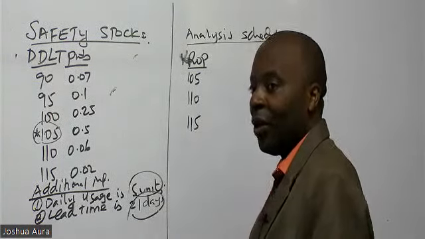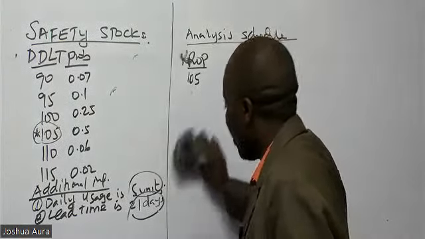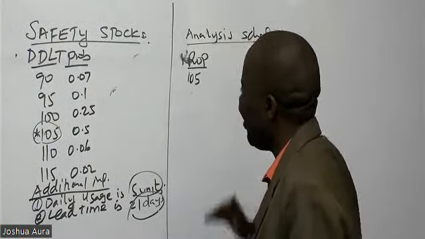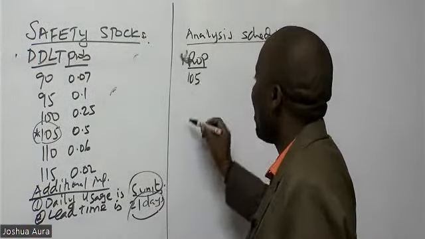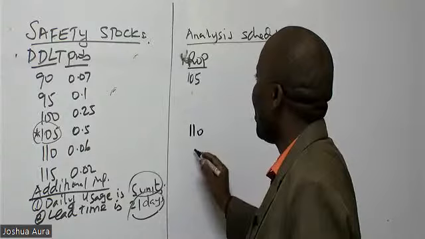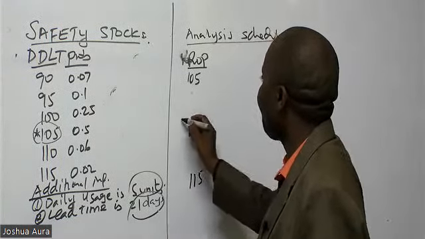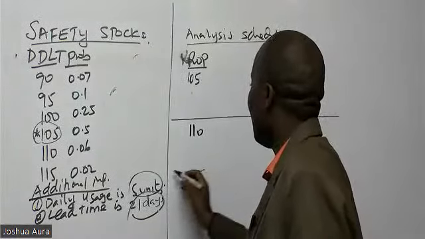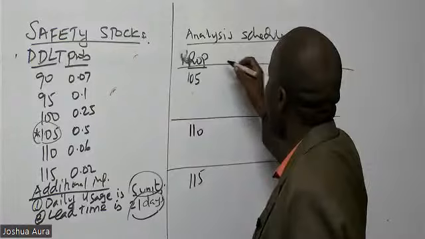We normally leave lots and lots of spaces, like 5 lines in between. For me, I don't have lines. So 105, 110 there, and then 115. This is sufficient for me.